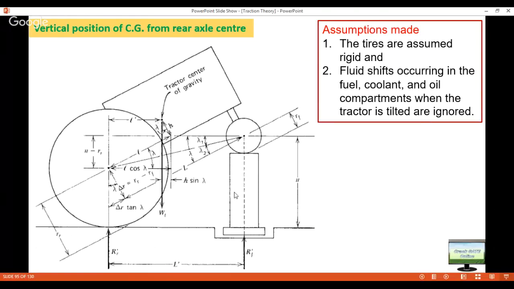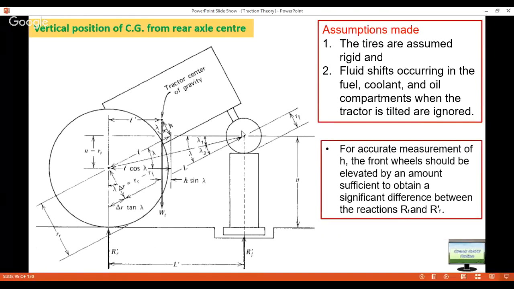Now the second case: when you are lifting the tires, your tires are actually soft tires, not rigid tires. So there will be some deflection in the rear and in the front both when you are lifting. But for calculation purposes, we are assuming that our tire is rigid. So these two assumptions have been made in determining the tractor center of gravity.